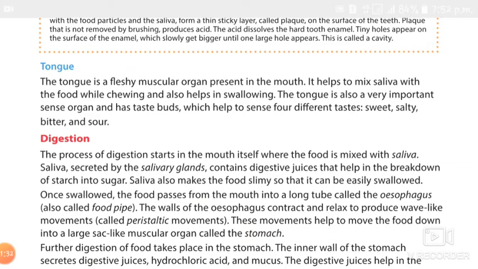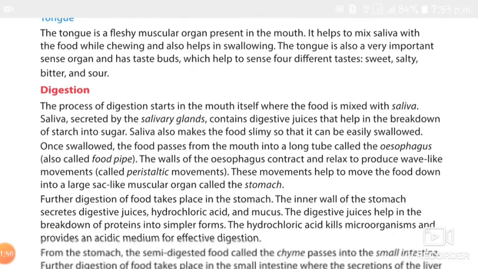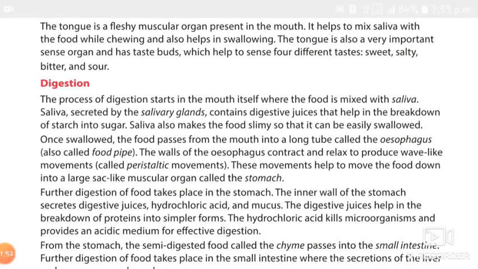The food is churned and made into a paste called chyme. The chyme then leaves the stomach and enters the small intestine.